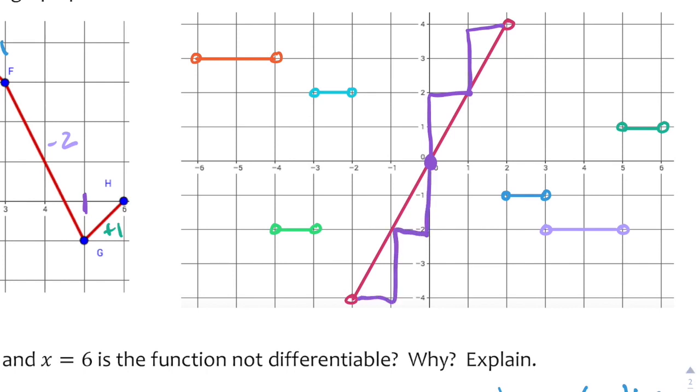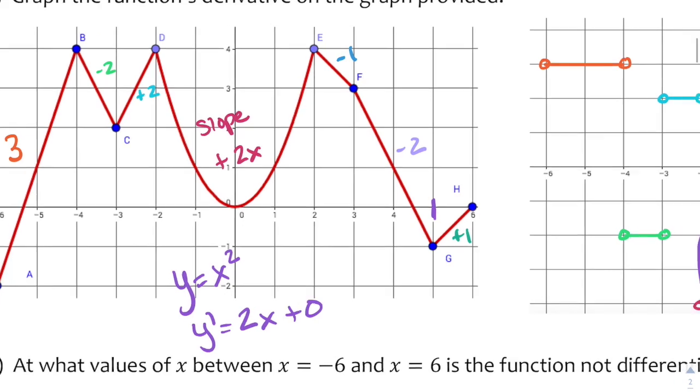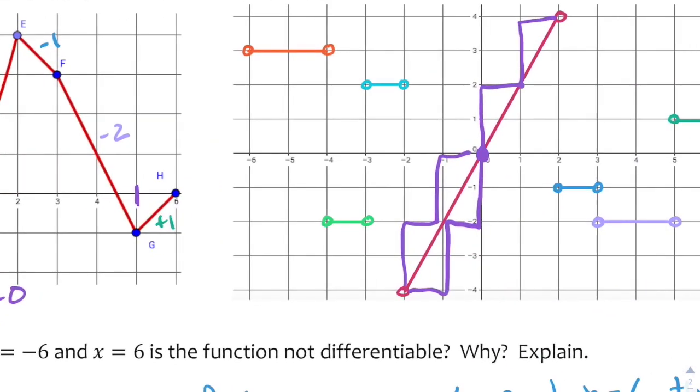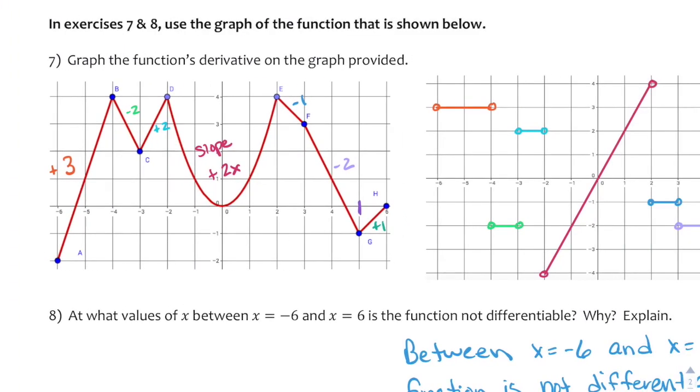But going from left to right, it always goes up 2 over 1. So I graph that between -2 and 2, which is where my parabola begins and ends, with open circles on the endpoints. The reason for the open circles on the endpoints is because we do not have derivatives at those. Those are all corners.